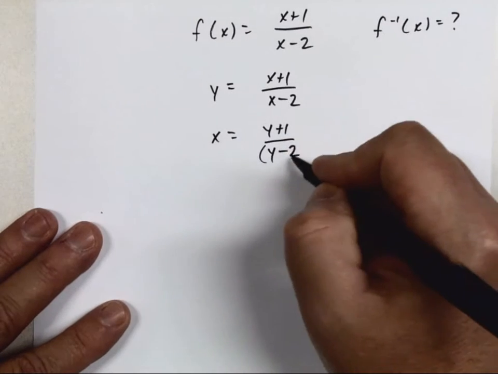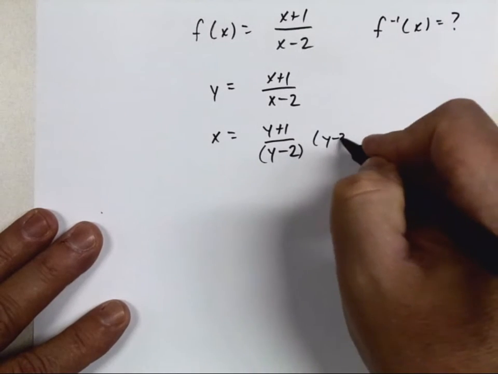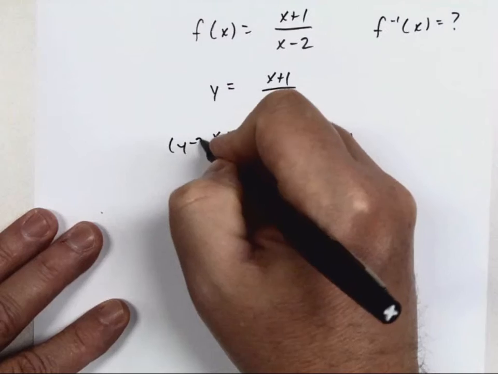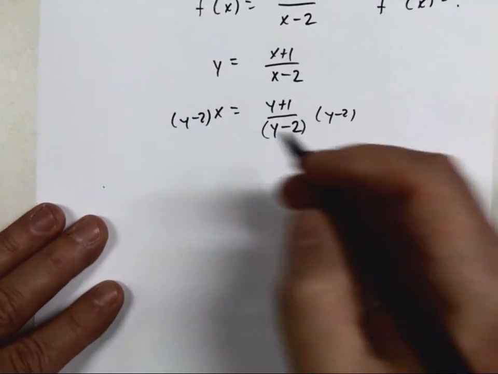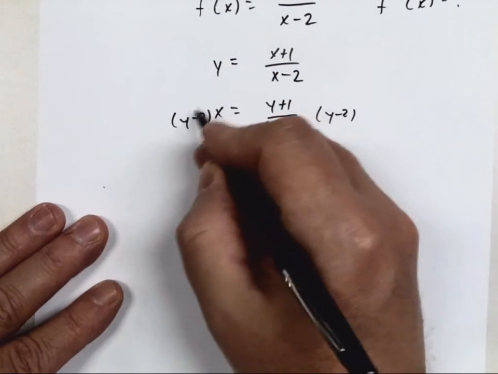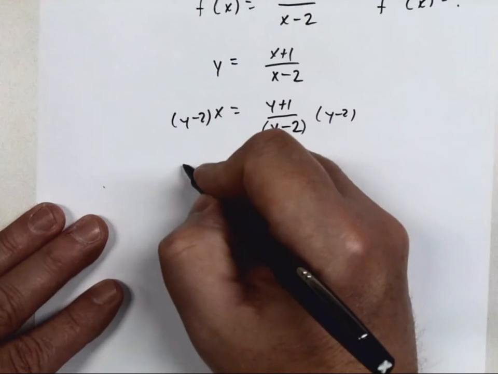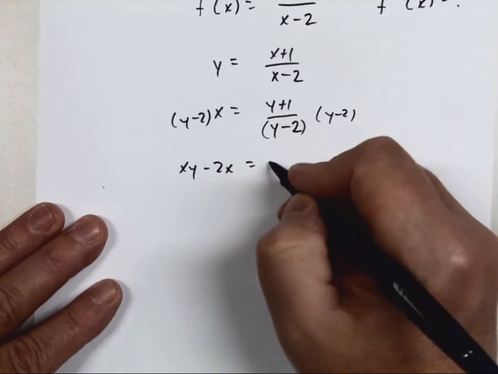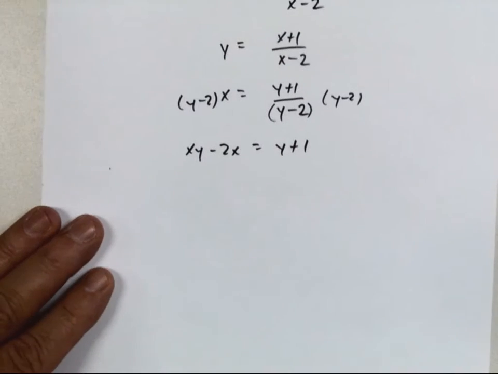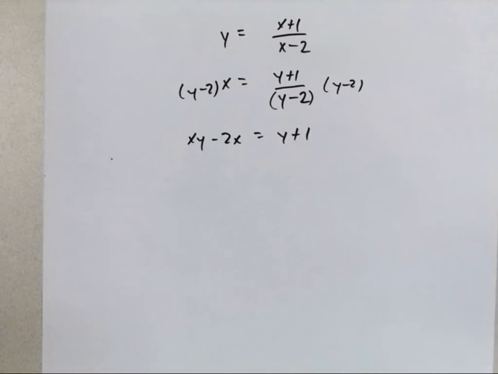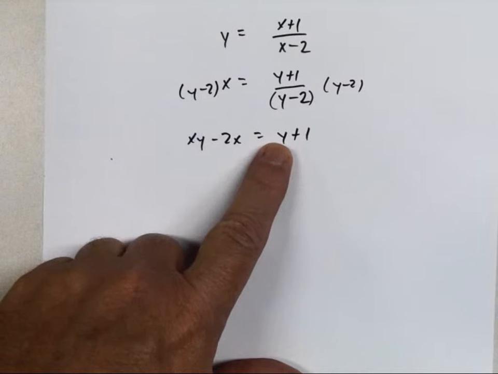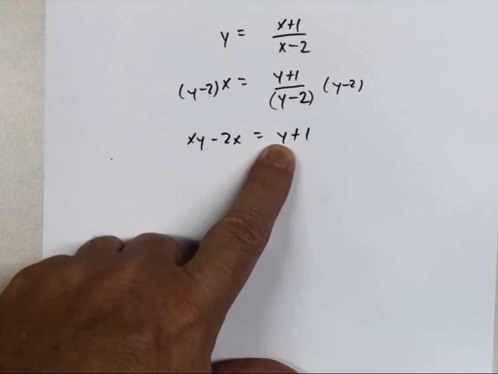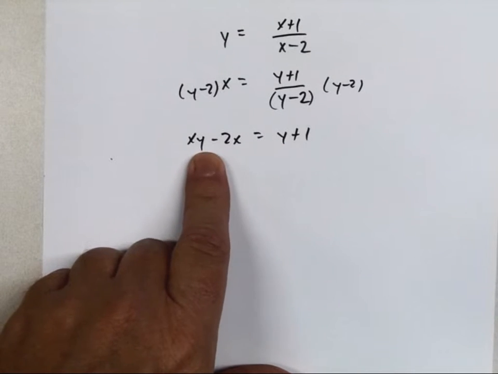Matter of fact, what I'll do first is let's multiply both sides by y minus 2 to get rid of this fraction. So if I multiply out this side, you get xy minus 2x equals y plus 1. Now if I want to solve for y, if you remember your algebra, I need to get all the terms with the y on one side and every term without a y on the other side.